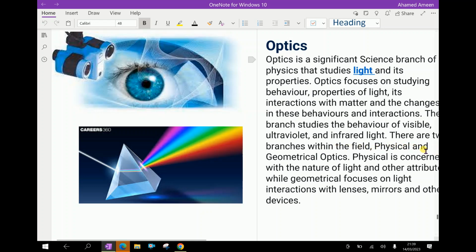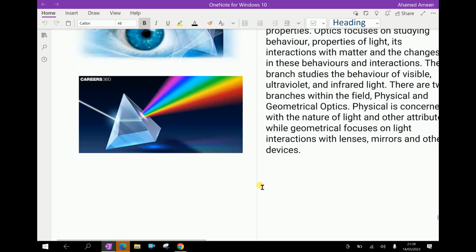There are 2 branches within the field: physical and geometrical optics. Physical is concerned with the nature of light and other attributes, while geometrical focuses on light interaction with lenses, mirrors, and other devices.